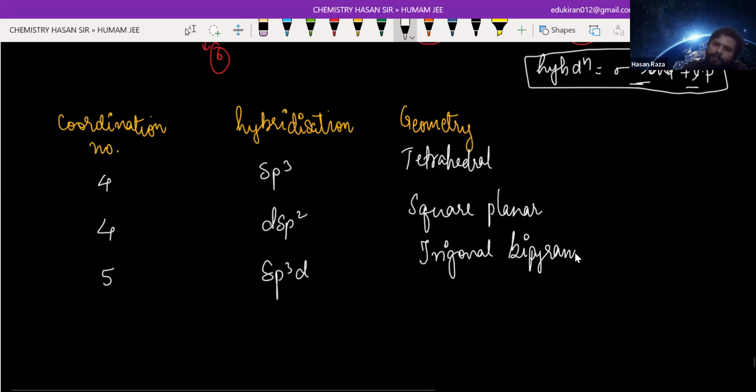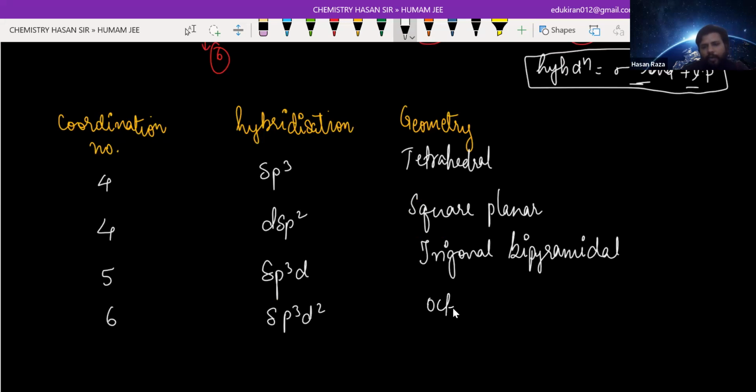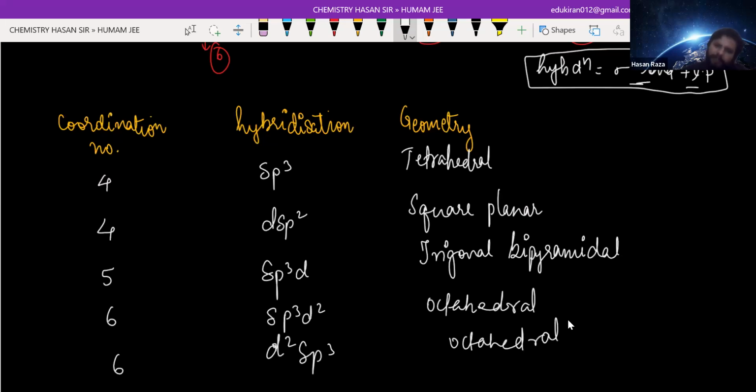And if it is 6, the hybridization is sp3d2 and it is octahedral. And if it is 6, then it can also be d2sp3 and the geometry is octahedral.